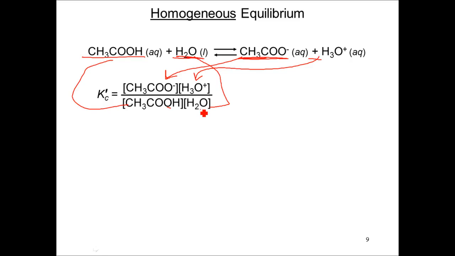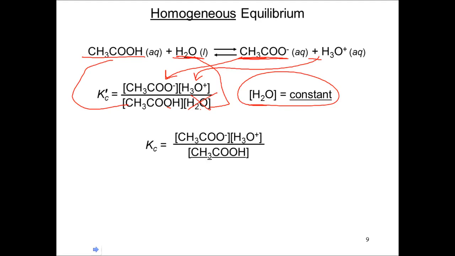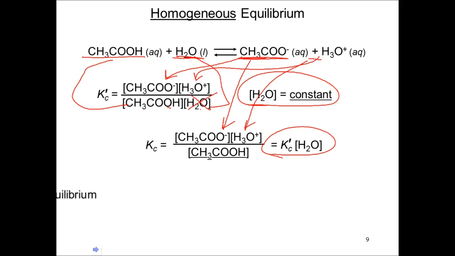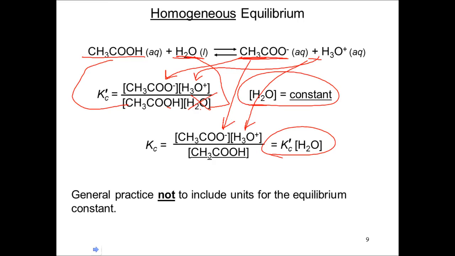Now, in these problems, the water concentration is going to be constant. So if it's constant, we can actually drop it out of the expression. And so Kc is going to be equal to still the concentration of the products raised to the power of their coefficients over the concentration of the reactant. And again, that's all going to be equal to that Kc prime times water. In general practice, it is common not to include the units for the equilibrium constant.